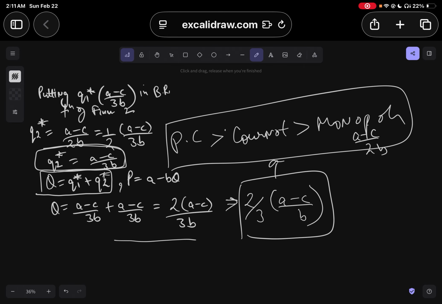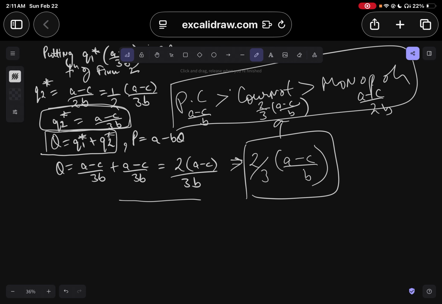In Cournot, total market output would be 2/3 of A minus C upon B. In perfect competition, it is the best, which is A minus C upon B. So perfect competition is better than Cournot, which is better than monopoly. I hope I made it clear, but if I didn't, anyone can respond. If someone has any doubt, just bring it on.